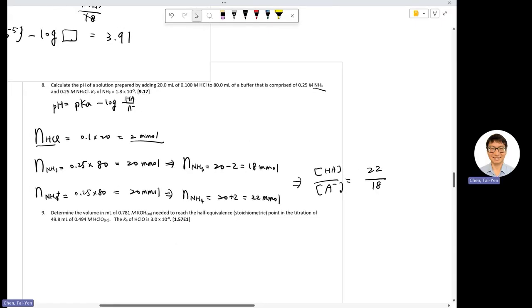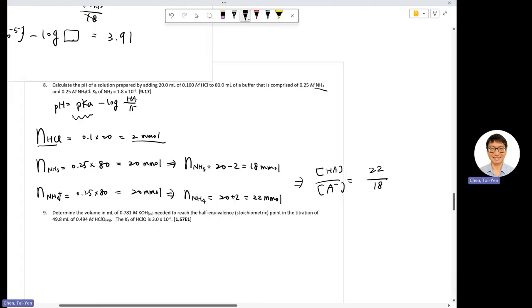Now the only thing is you just need to figure out the first term. Since you don't have Ka provided, you need to compute your Ka using Kw over Kb, which equals 10 to the negative 14 over 1.8 times 10 to the negative 5. So it's 5.56 times 10 to the negative 10.